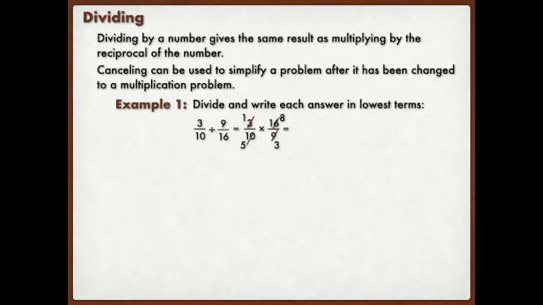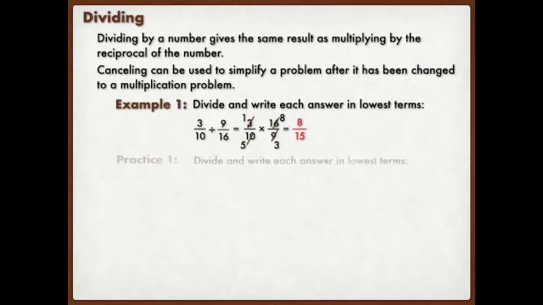Okay, 10 and 16 both have a common factor of 2, so I can simplify the 10 into 5 because 5 times 2 is 10, and I can simplify the 16 into 8 because 8 times 2 is 16. So that would give me 1 times 8, which would be 8, and that would be the numerator, and then 5 times 3 is 15, that would be the denominator, so 8/15.